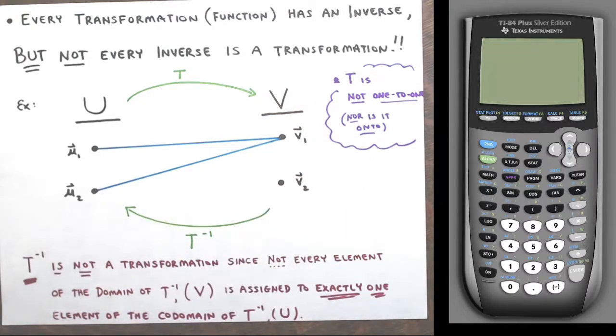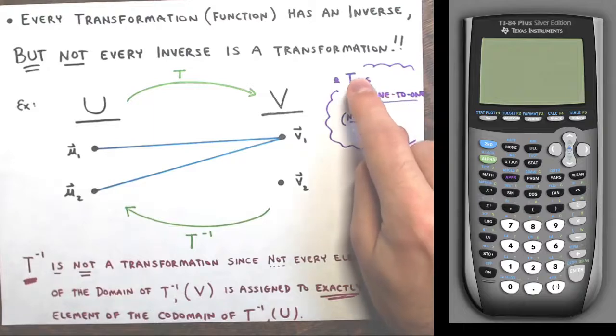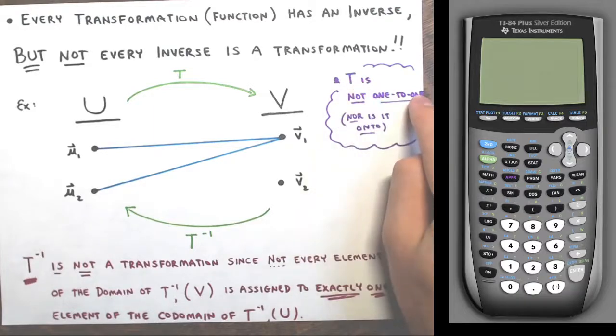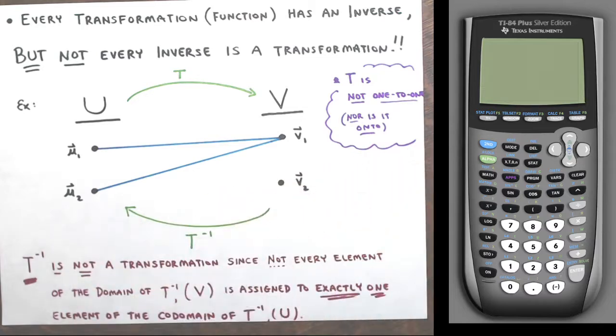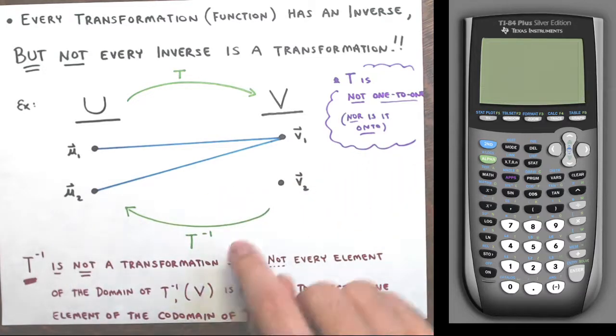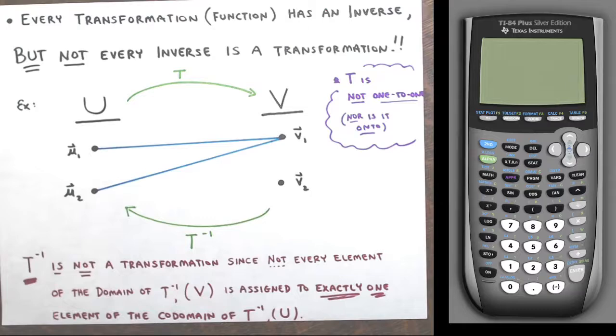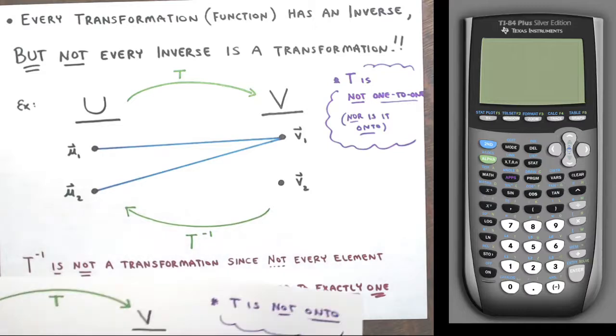So again, I'll point this out. When a transformation is not one-to-one and not onto, the inverse mapping, the reverse mapping, is not going to be a transformation. We're not going to work with it. Let's take a look at this picture. It's very similar.